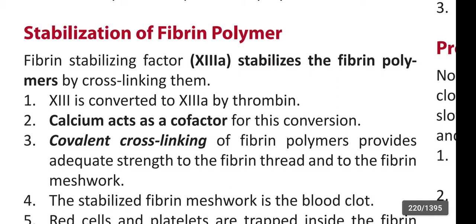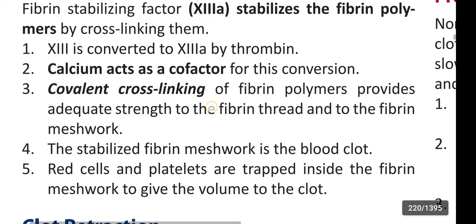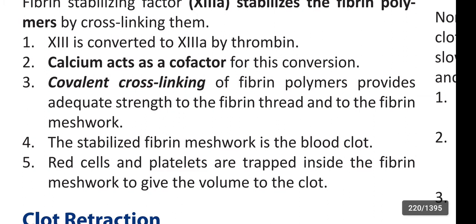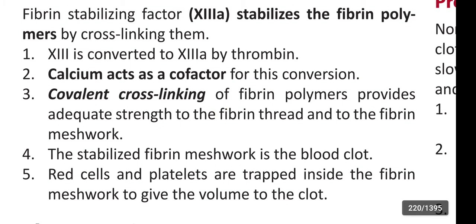Calcium acts as a cofactor for this conversion. The covalent cross-linking of fibrin polymers provides adequate strength to the fibrin thread and to the fibrin meshwork. The stabilized fibrin meshwork is the blood clot. The red cells and platelets are trapped inside the fibrin meshwork to give the volume to the clot.